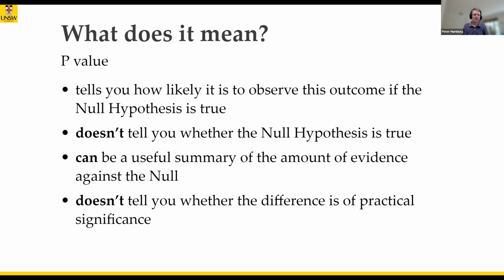It also doesn't really tell you anything about the size of the difference and whether there's enough difference between your groups to matter in any way. But it still can be a useful summary of the amount of evidence that you have against your null hypothesis.